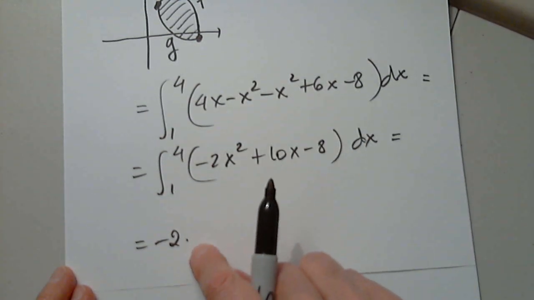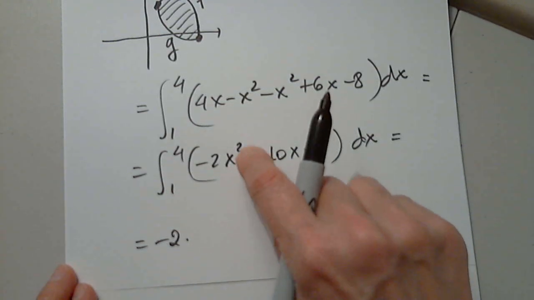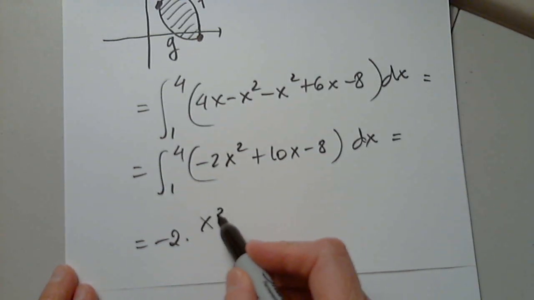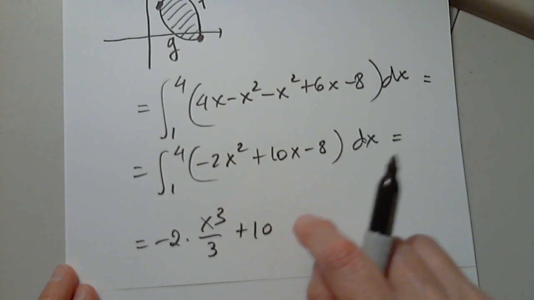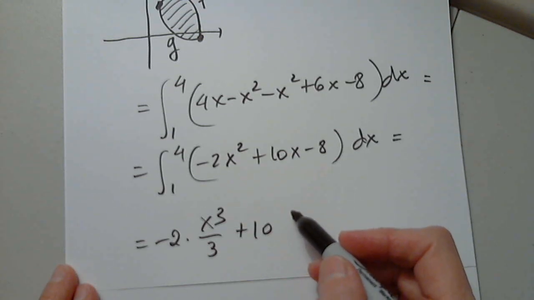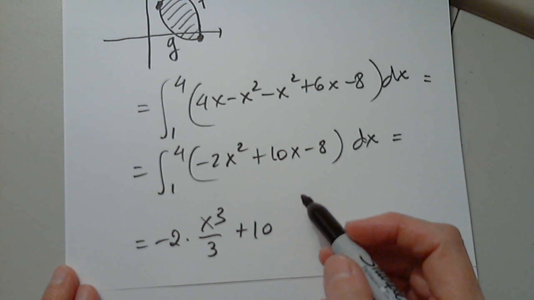So now, negative 2 times which function, when I differentiate it, gives x squared? X cubed over 3. Very good. Plus 10 times the function that, when I differentiate it, gives x: x squared over 2.